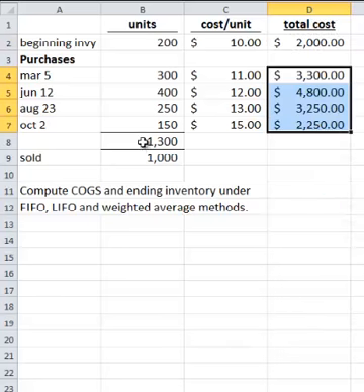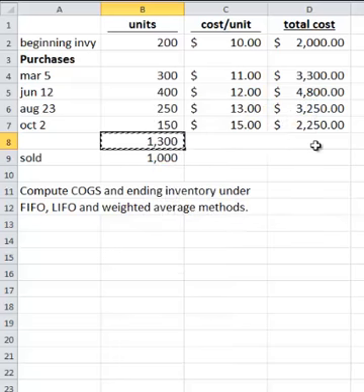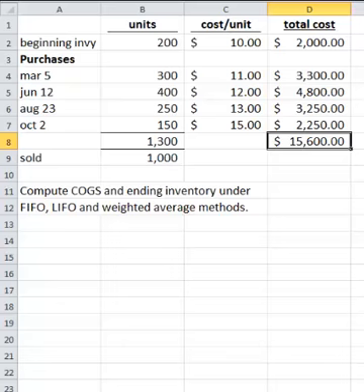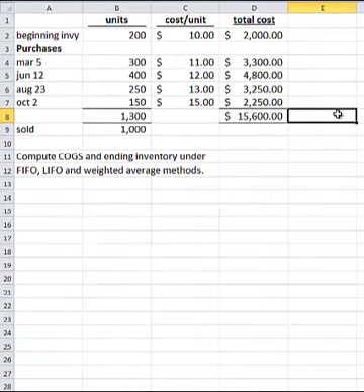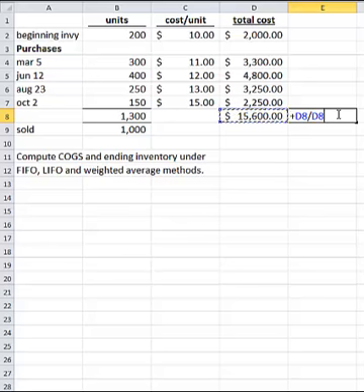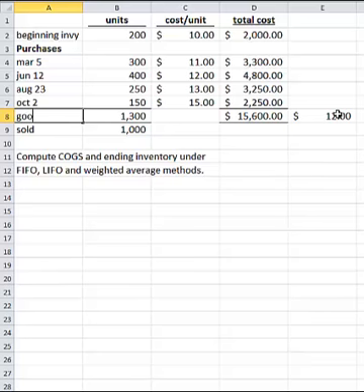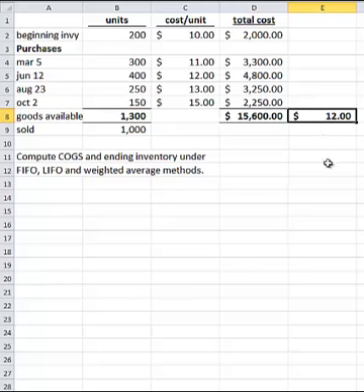Get the cost of each of those purchases, and then let's add up the cost of the beginning inventory and all of the purchases. To get the average, then, you divide the total cost of the goods available for sale by the number of units available to be sold. And you get the weighted average cost.